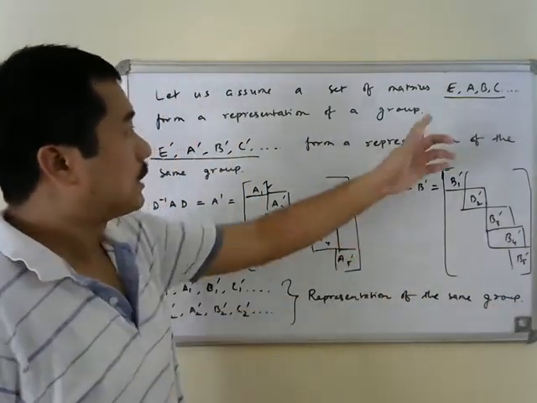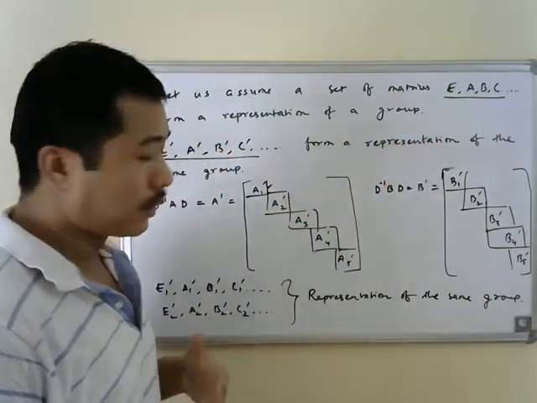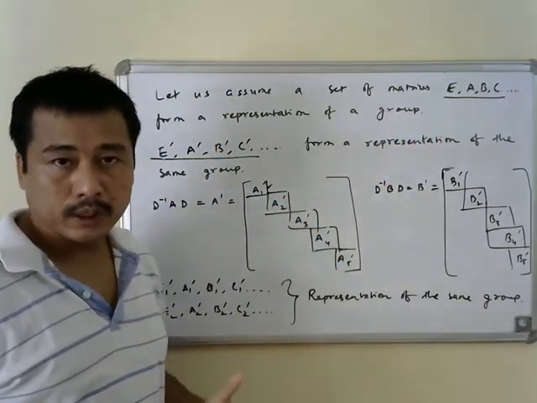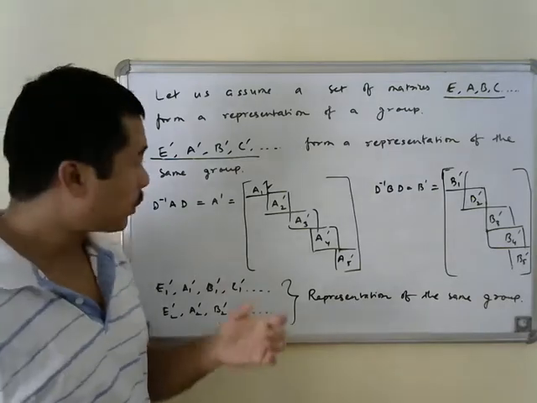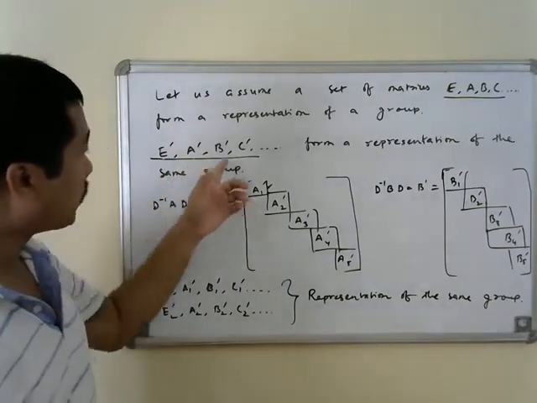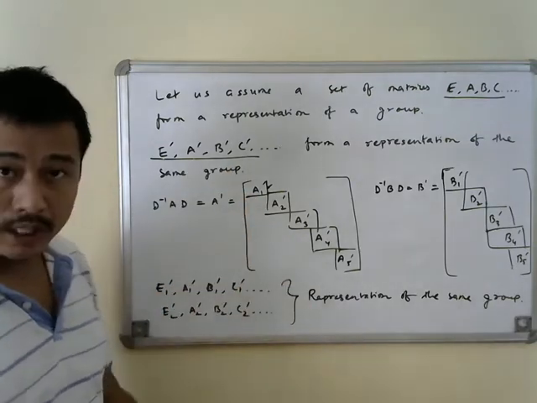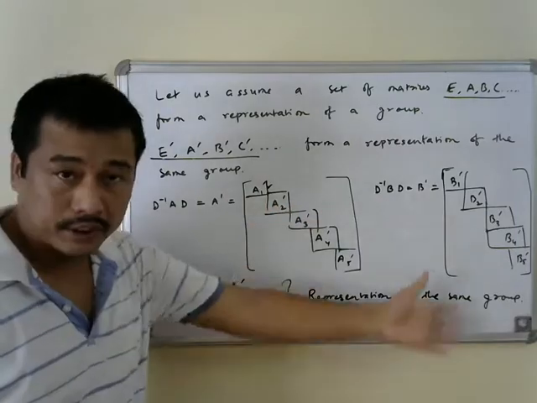Now these sets of matrices, that is E, A, B, C, the parent set of matrices, we can do similarity transformation to produce E dash, A dash, B dash, and C dash, and these can be block factored now into smaller matrices of smaller dimension, in the same fashion.